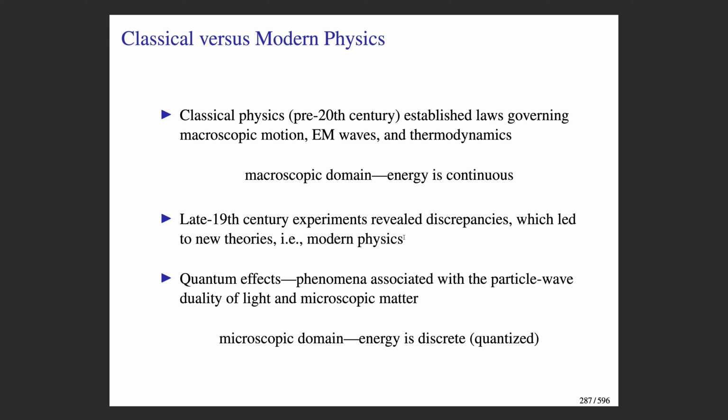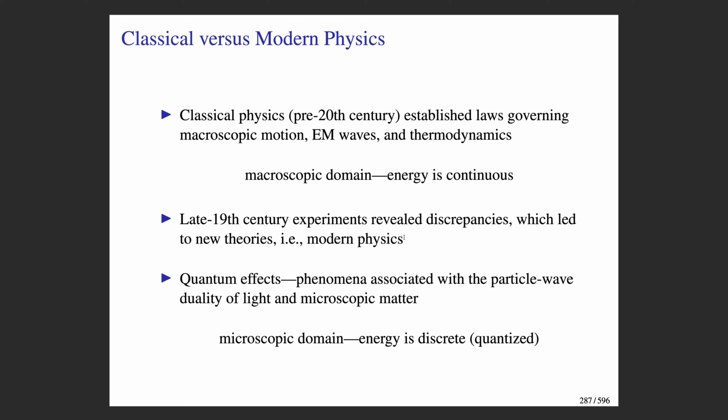One of the underlying assumptions in this classical physics is that energy is a continuous function. So in the macroscopic domain of classical physics, energy is a continuous quantity. And there was no reason to really question that assertion.